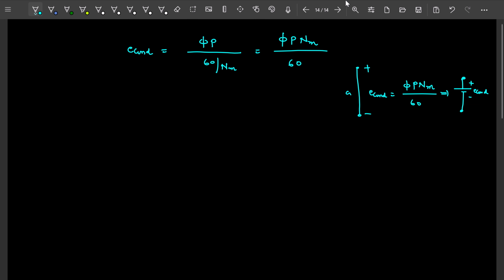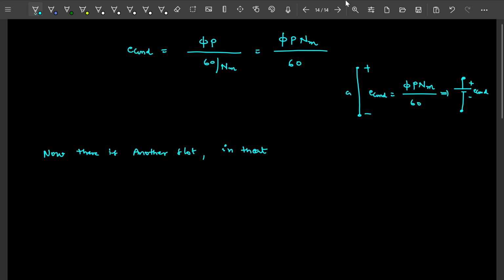Now say there is another slot. There is another slot.